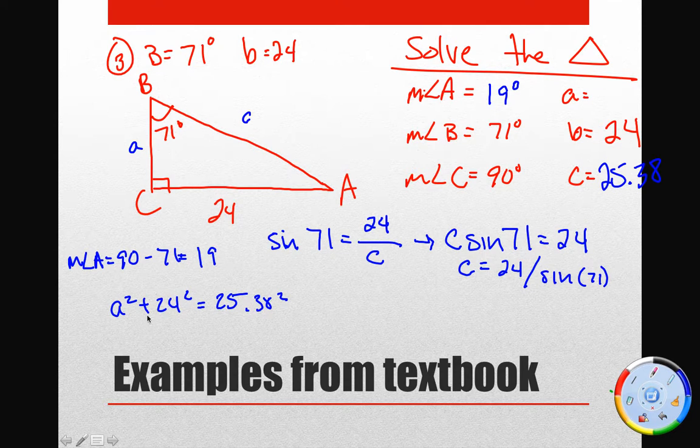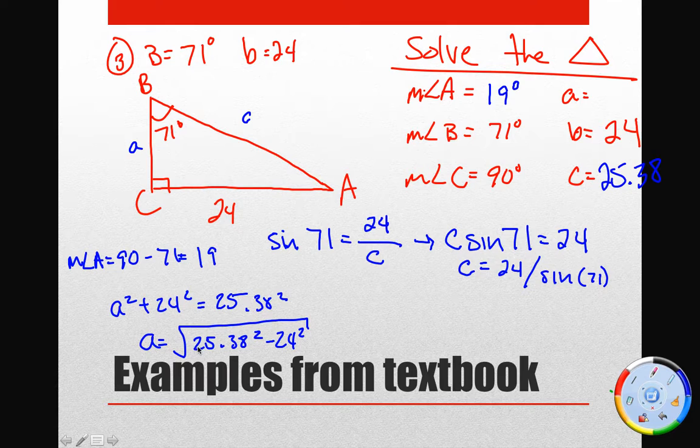And what I can do is subtract 24 squared and take the square root. So a is actually equal to the square root of 25.38 squared minus 24 squared. Because you have 25.38 as a calculator answer right now, you can use your ANS button.